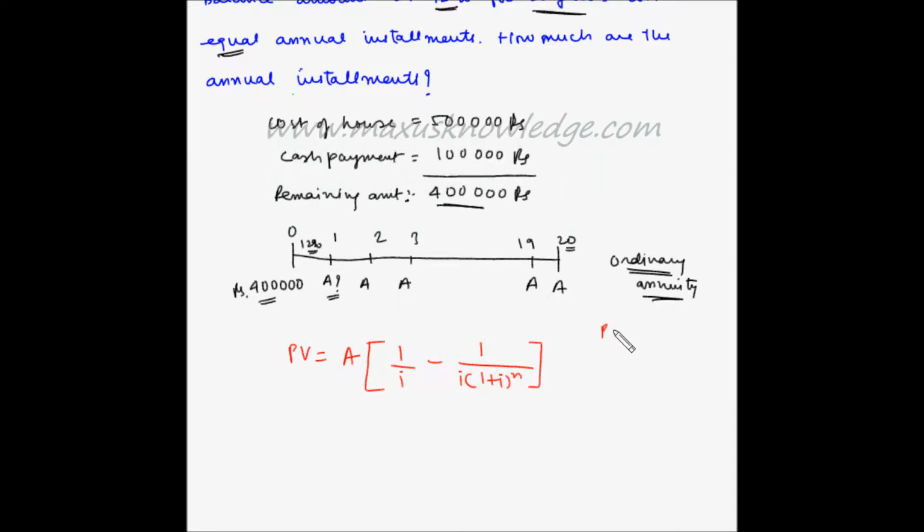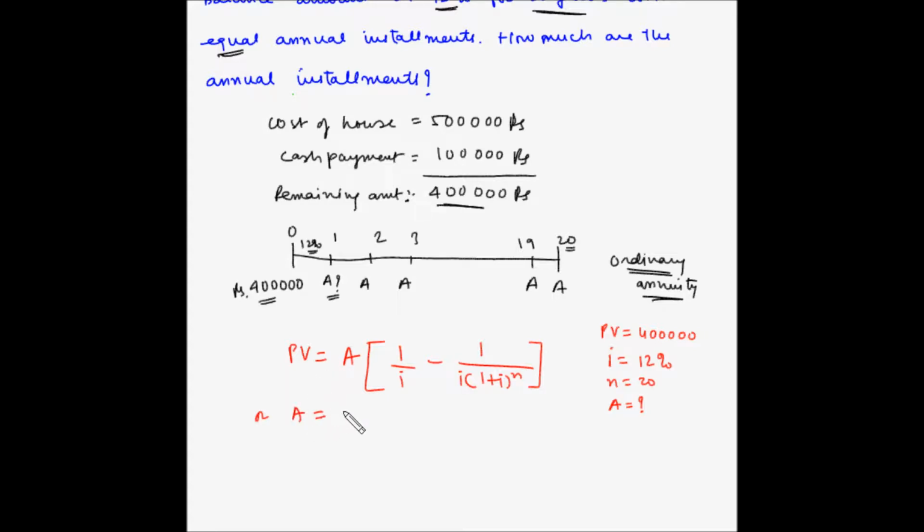So we have PV equal to 4 lakh rupees, I is equal to 12%, N is equal to 20 and A is to be found out. So let us plug in these values. Let's bring A on one side and everything else on the other side.